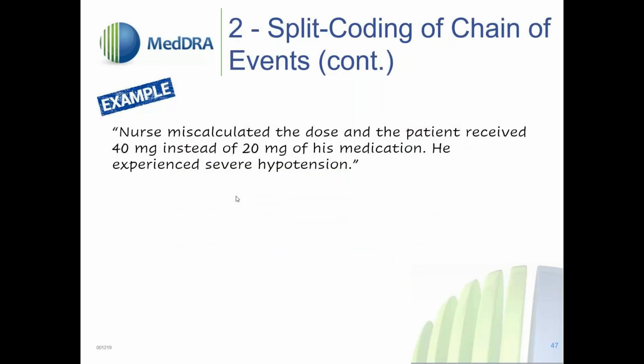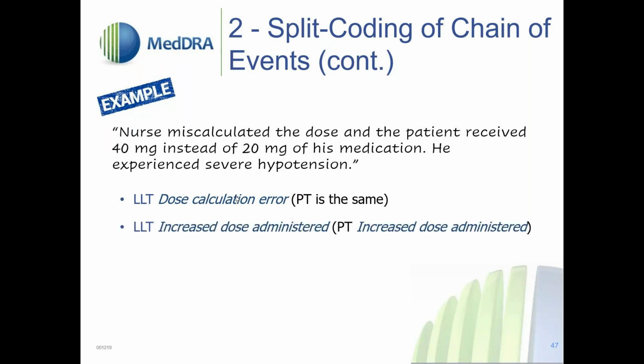Again, an example for this principle: it is reported that a nurse miscalculated the dose and the patient received 40 milligram instead of 20 milligram of his medication. He experienced severe hypotension. We would capture the initial error with the LLT dose calculation error, plus the resulting administration error with the LLT increased dose administered, same PT.